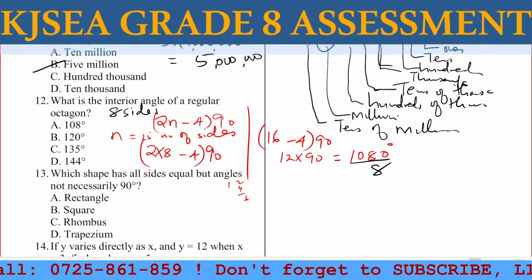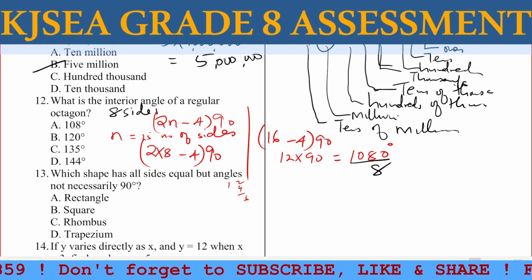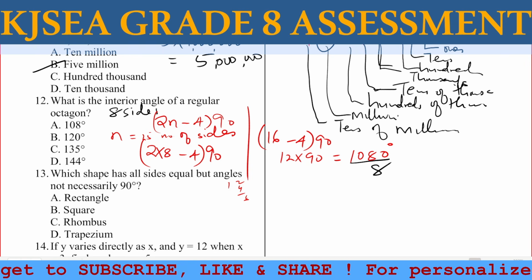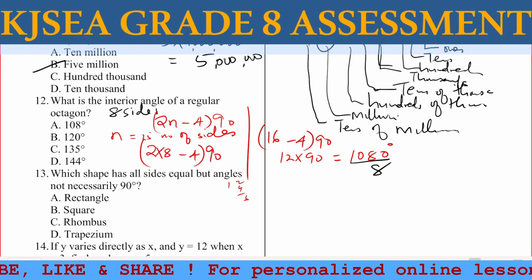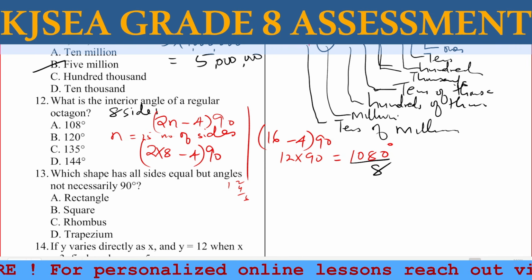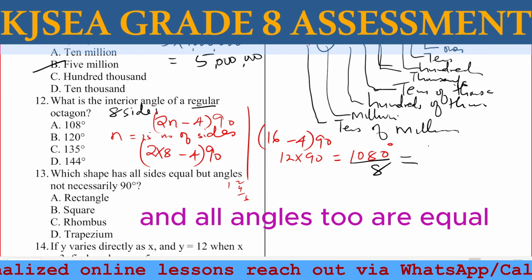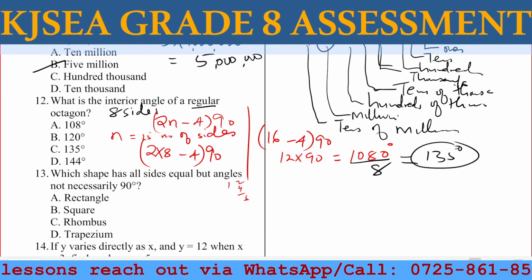The sum of the interior angles of an octagon is 1080, that is all the angles. Now, because you want the interior angle, take 1080 divided by 8, because all the angles are equal. It's a regular octagon. Regular means all the sides are equal. So this gives 135 when you divide that.